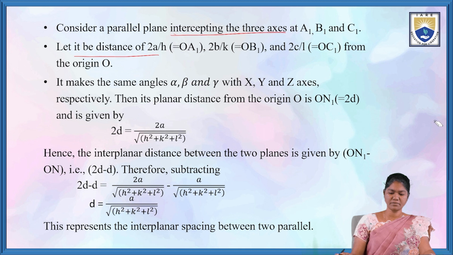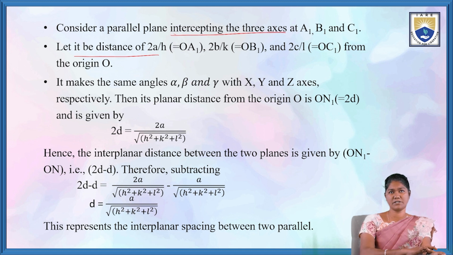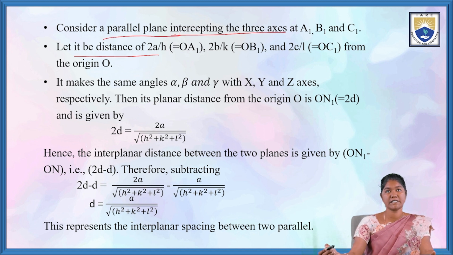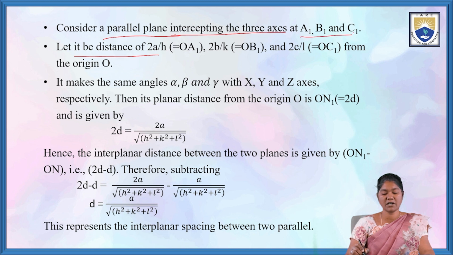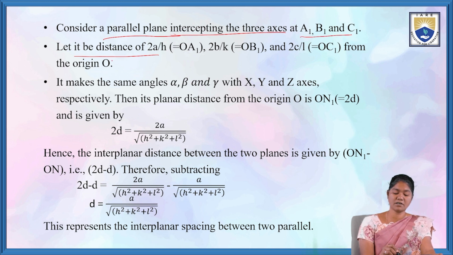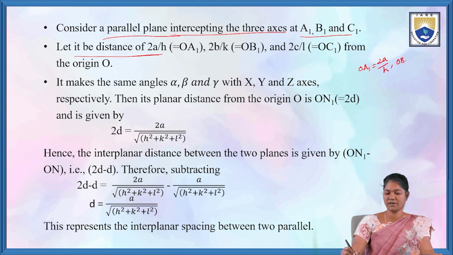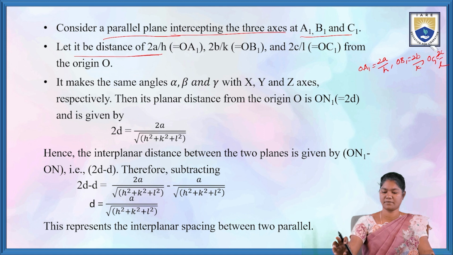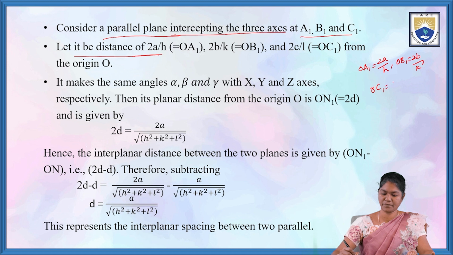And the interplanar distance is 2d. So here we are considering a parallel plane intercepting the three axes at A1, B1 and C1. So let the distance OA1 be 2a by h, OB1 is 2b by k, OC1 is 2c by L, from the origin.